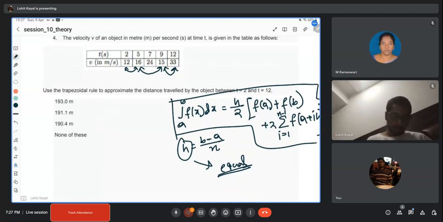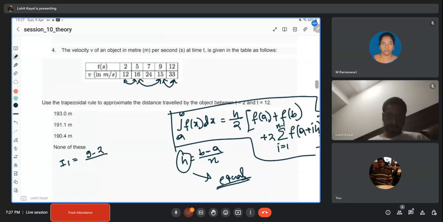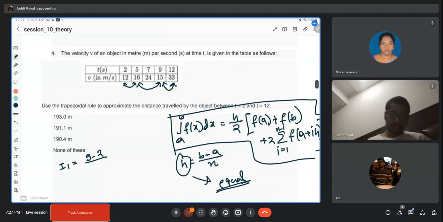Then I1 for these first 2 points is (b minus a) over n, which is 5 minus 2 divided by 2, that is my h over 2, times f of a, that is 12, plus f of b, 16.